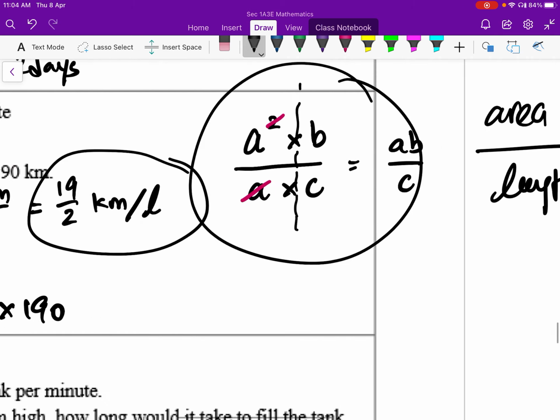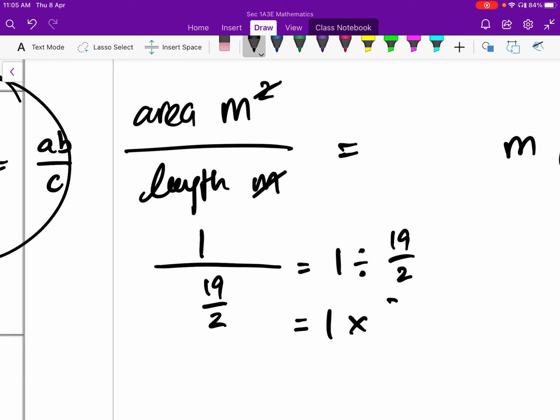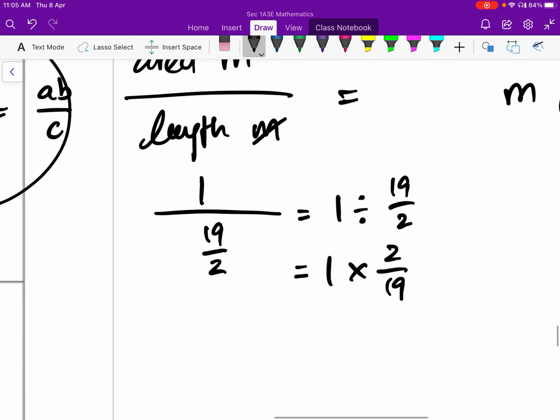So 1 divided by 19 over 2 is the same as 2 over 19. Let me put it at the side. 1 over 19 over 2. We learned that in primary school: keep, change, flip. And you get 2 over 19.